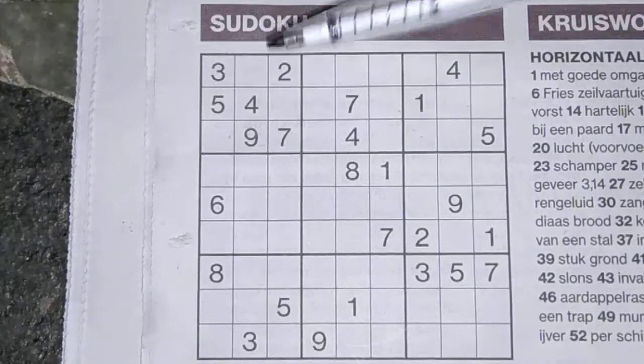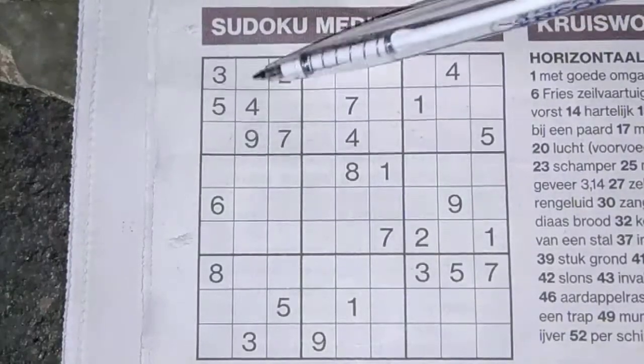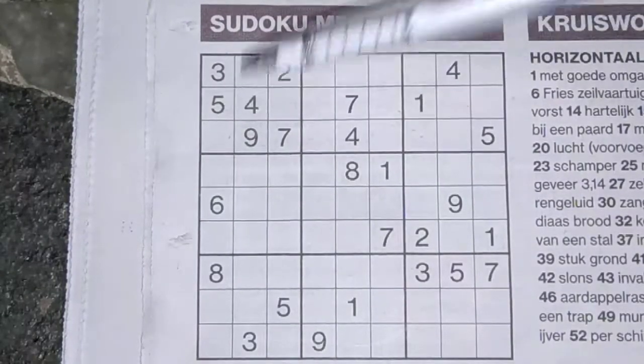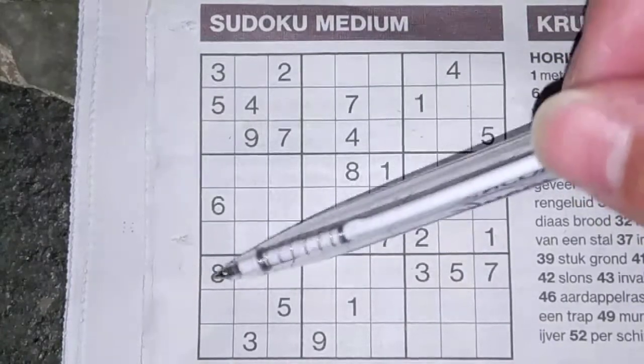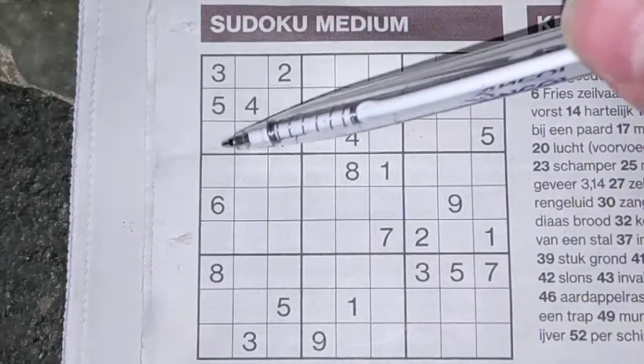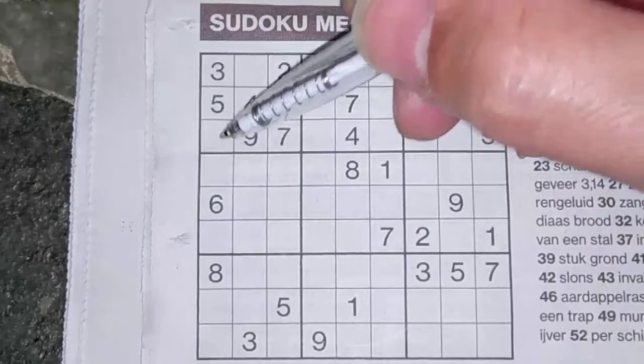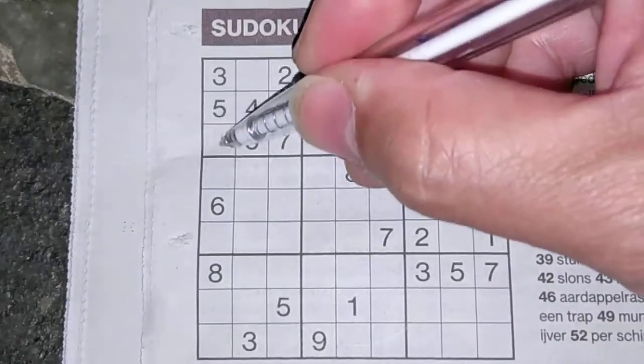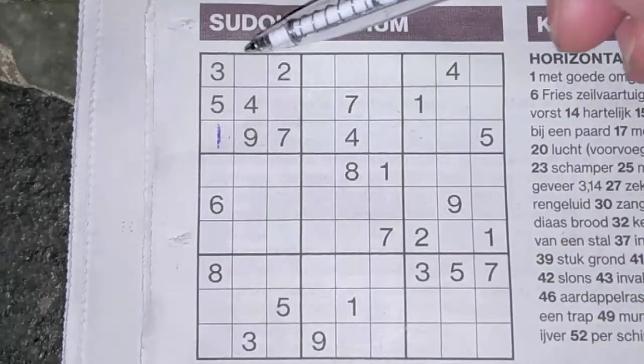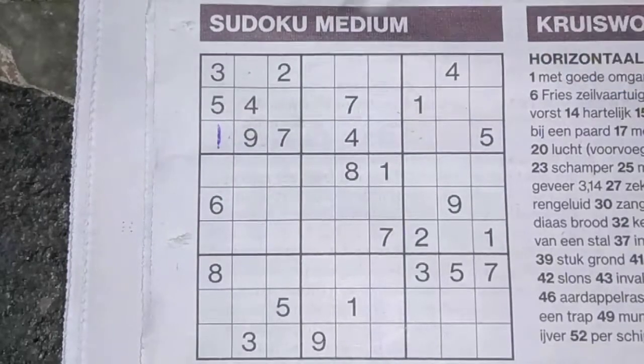So it's 1, 6, 8, and I see here the 6 and the 8. So no 6 and 8 in this box. One digit left, should be the 1. Here goes the 6 and the 8.